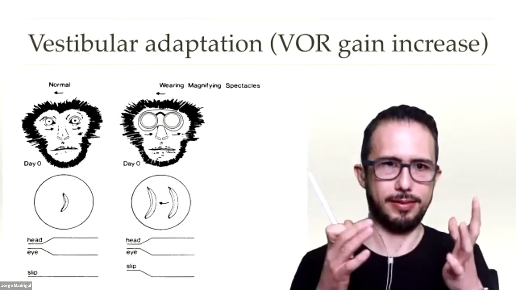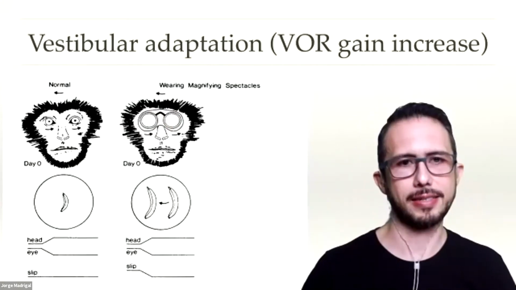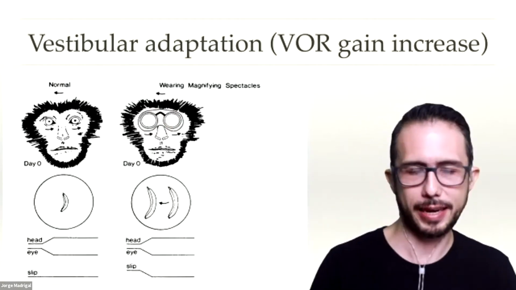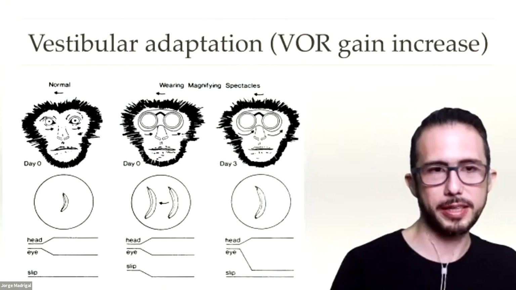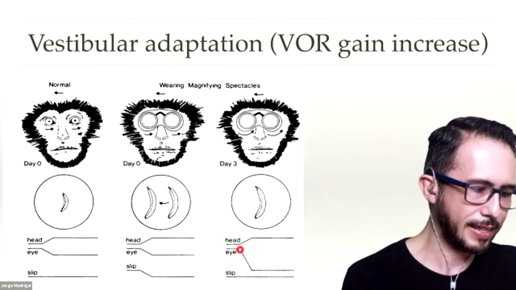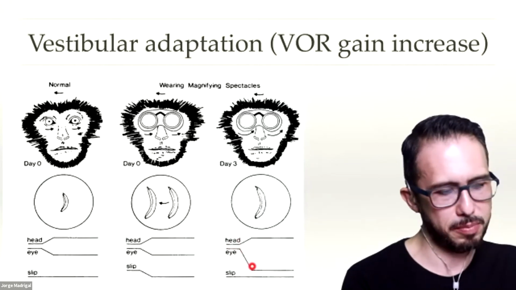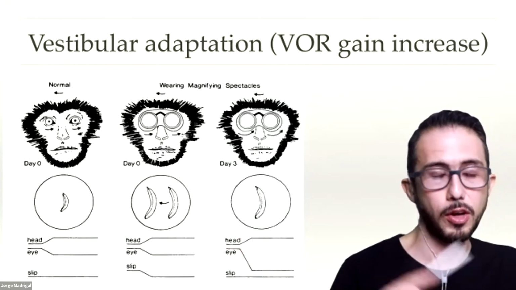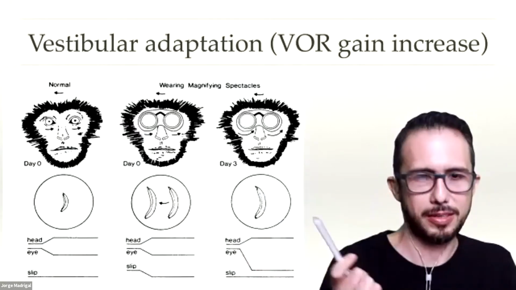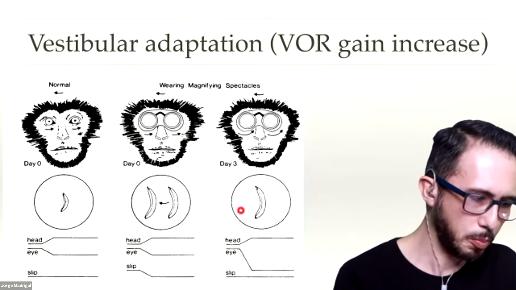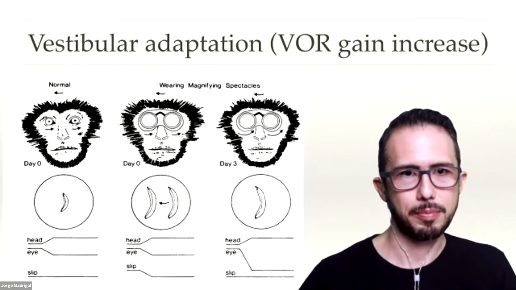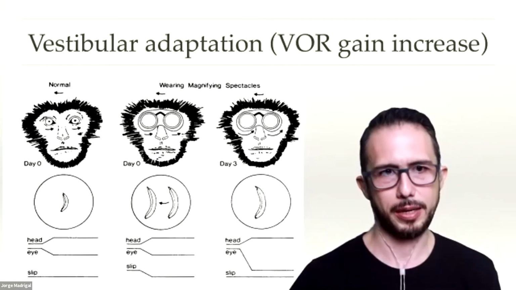If we keep the glasses on the monkey's head for like 3 days, we're going to see that the eye moves probably more than double the amount that it was originally moving in order to stop the retinal slip, in order to stop the oscillopsia.